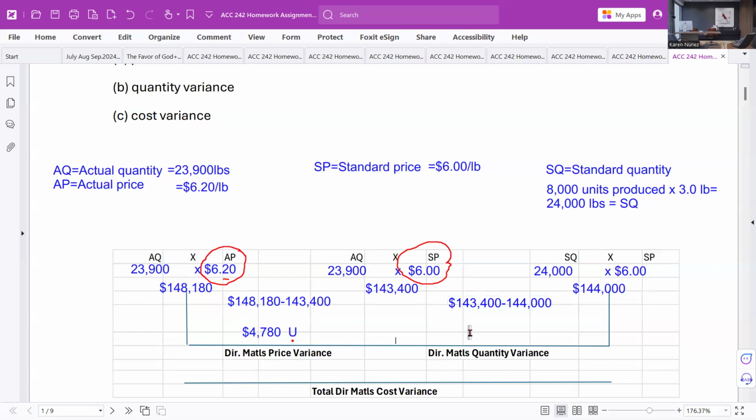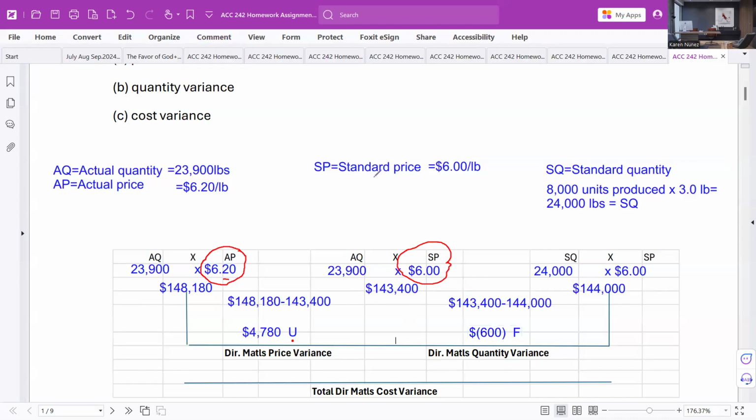We end up with a negative 600. Negative variances, and if I could go back and put in some brackets here, negative variances are favorable, right? A favorable impact on our profit. Why is it favorable? Well, because we use less, right? It's a quantity variance and we use less.